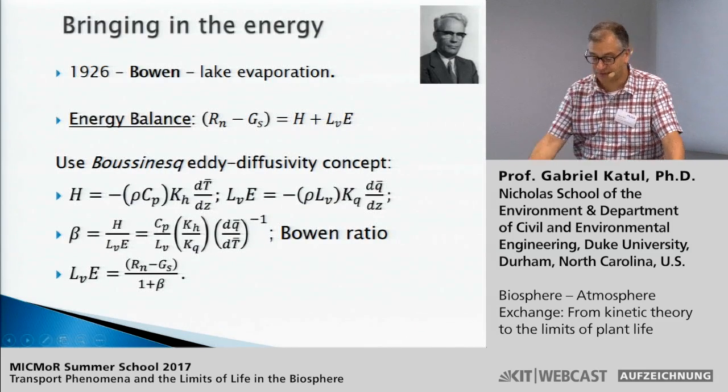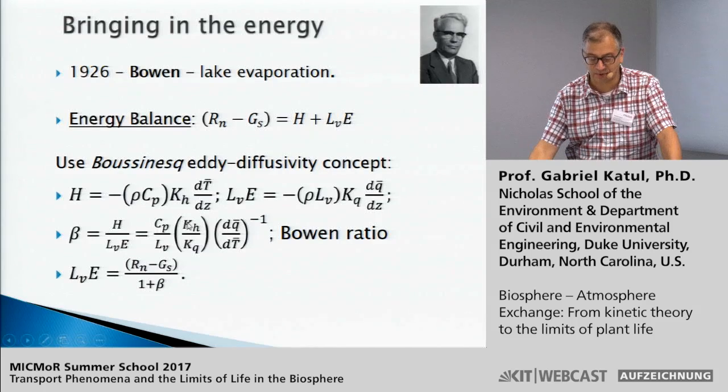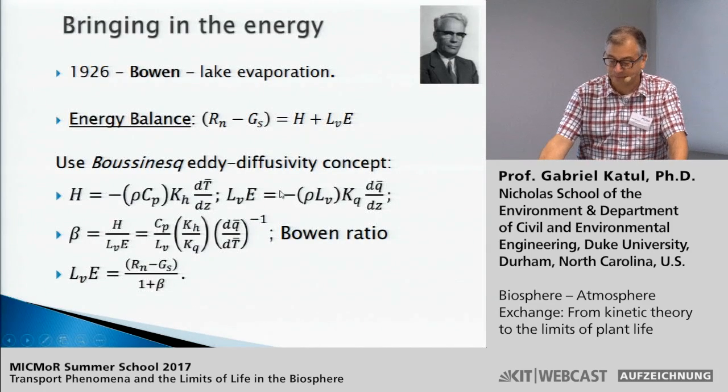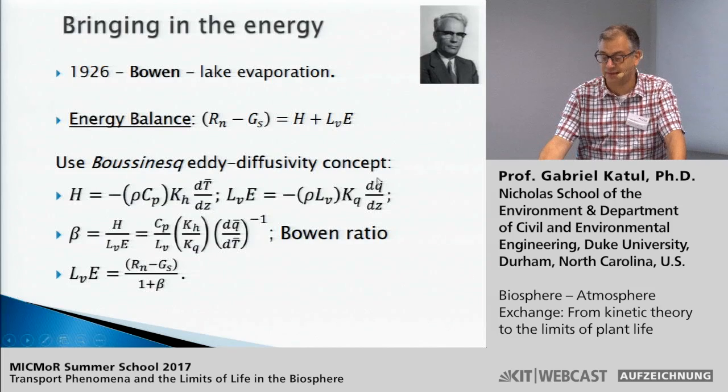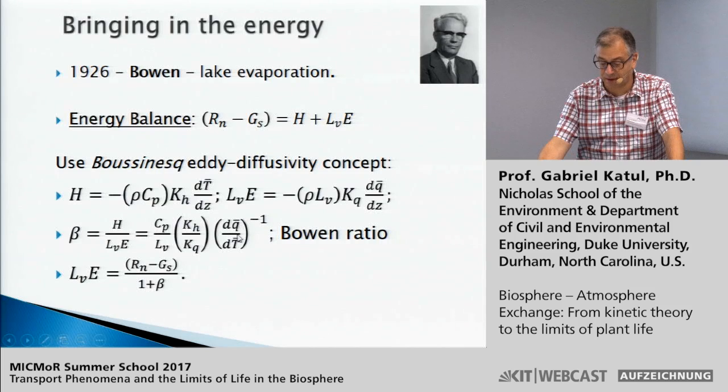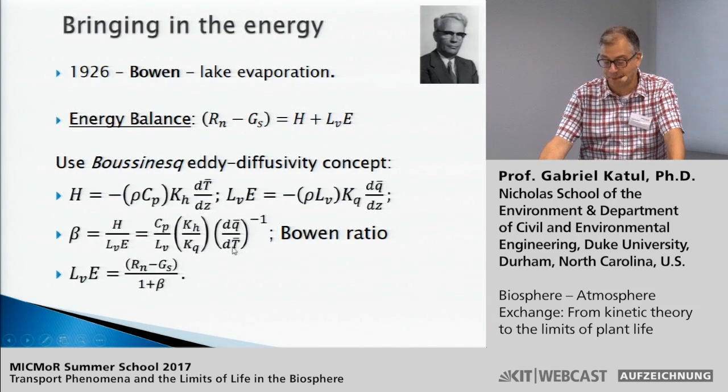So he assumed that the sensible heat flux somehow scales with the temperature gradient multiplied by an eddy diffusivity for heat. Likewise, the latent heat flux scales with the water vapor concentration gradient multiplied by the eddy diffusivity for water vapor. And he immediately realized that if he divides the two, he gets the Bowen ratio as a function of the change of water vapor concentration with the change in temperature.